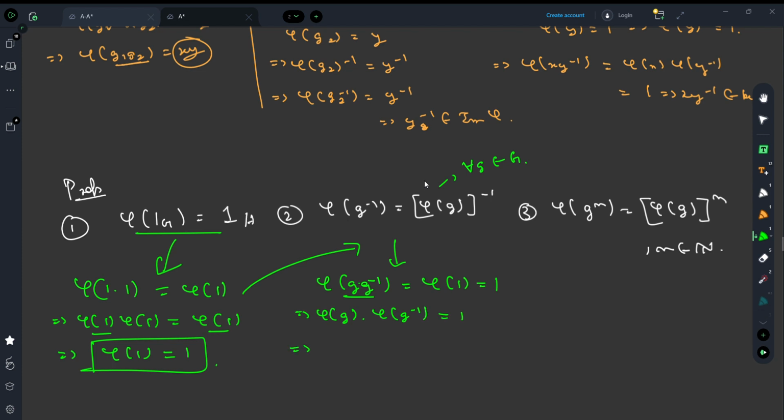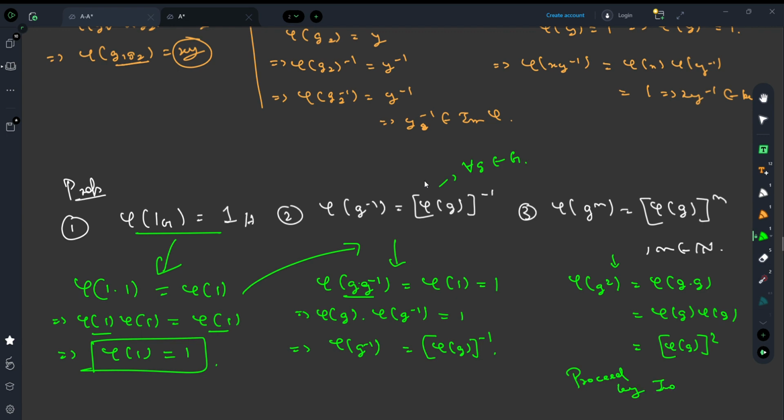But if I left multiply on both sides by phi of g whole inverse, I get phi of g inverse is equal to phi of g whole inverse. Clear? This is an immediate result from induction. Why? Because what is phi of g squared? Phi of g squared is phi of g times g, but phi of g times phi of g is phi of g into phi of g. So it's phi of g whole squared. Rest will immediately proceed by induction.